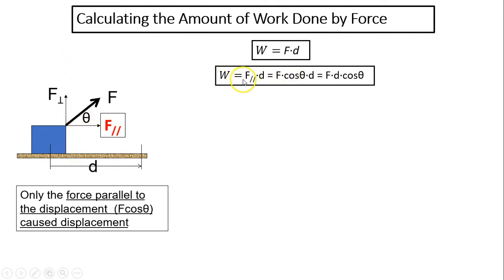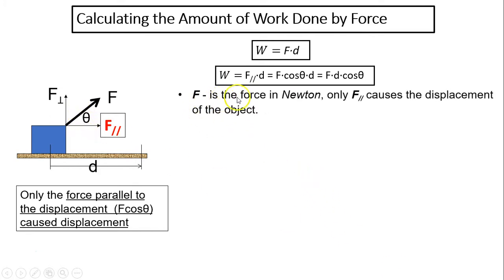F parallel is F times cosine theta, because that's the adjacent side of the right triangle, times d. I can rearrange this equation to become F times d times cosine theta. That is the work done by any force F at a direction of angle theta above the displacement.